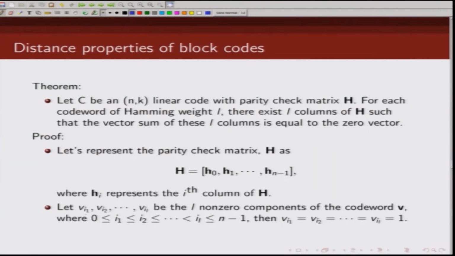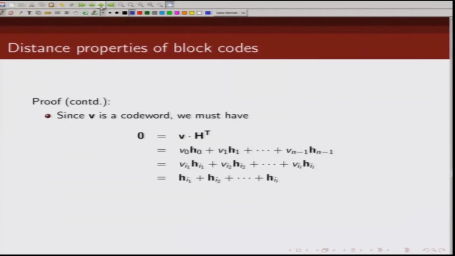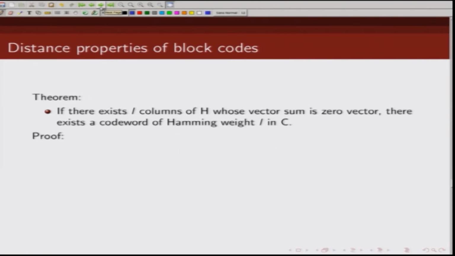So, we showed that if L components of this code word V are non-zero, then this relation follows. Next, we show another result which says if there exist L columns of the parity check matrix whose vector sum is the 0 vector, then there exists a code word of weight L in this linear block code C.